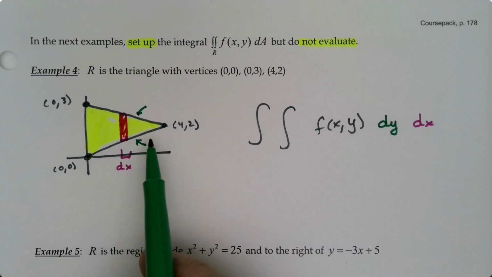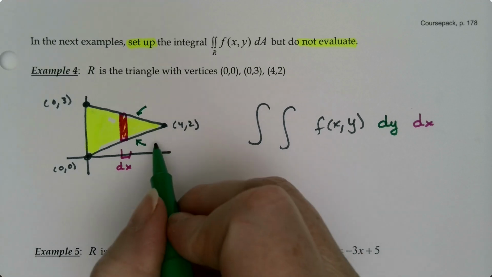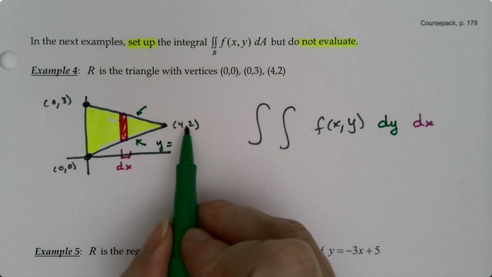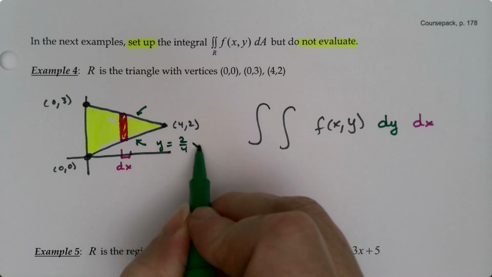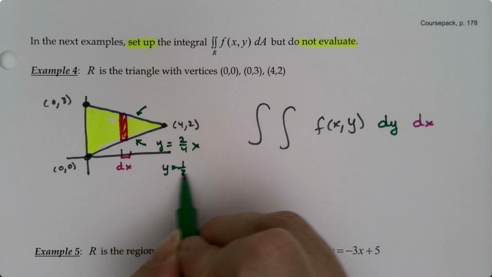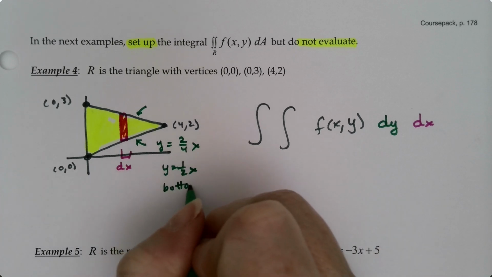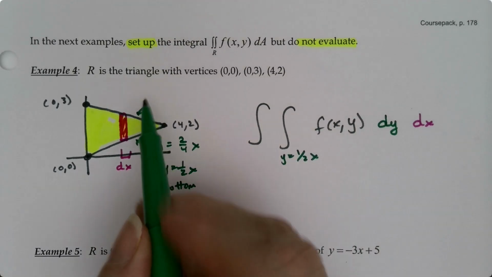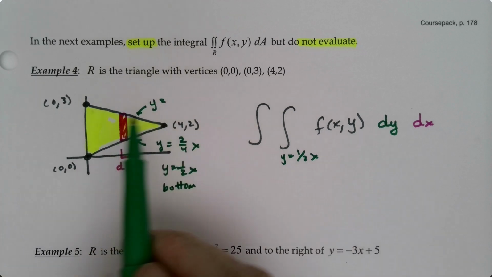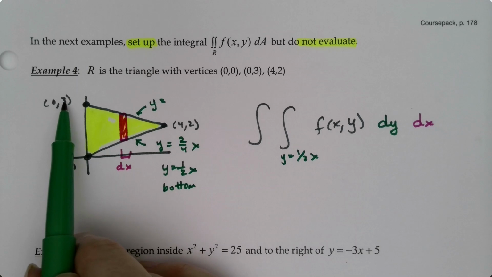But those are diagonal lines. We learned how to find the equation of a line back in Algebra 1. This is y equals rise over run, so 2 over 4 x, or in other words, y equals 1/2 x. So that's the bottom, right here. Y equals 1/2 x, up until y equals, all right, this one's going to be a little trickier. 3 is our y-intercept.